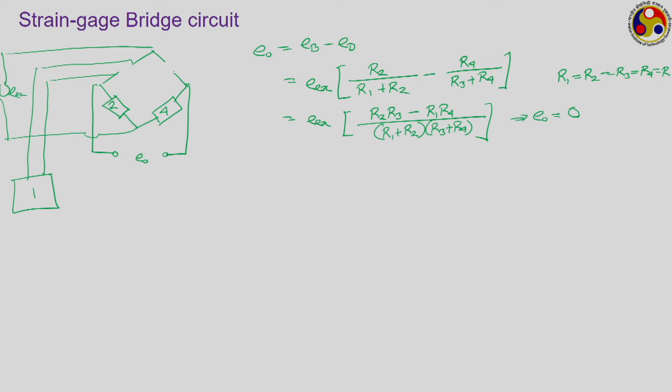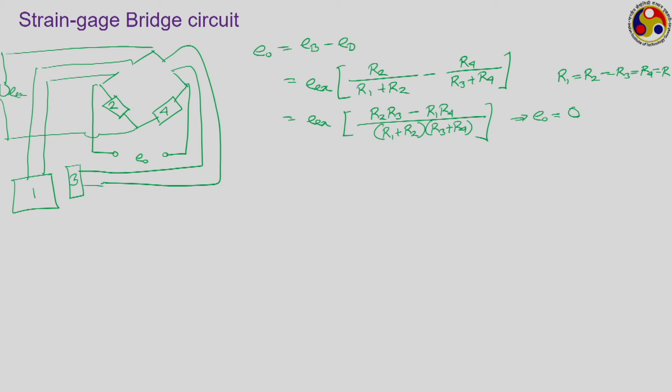This one will also be connected to another strain gauge, which is not mounted on the specimen, it is kept free, but it is identical to the one, the same strain gauge, and they are located very close to each other as well. The only difference is that one is mounted on the specimen and 3 is not mounted at all. When 1 is undergoing some kind of strain, this 3 is not sensing any strain.